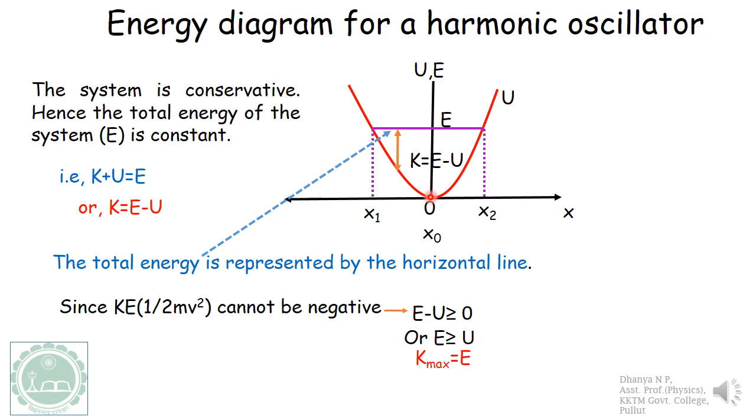As the particle crosses the equilibrium position in either direction, it is slowed down by the spring and comes to momentary rest at the turning points x1 and x2. At these positions, the particle experiences a restoring force towards the origin, at x2 and at x1 also.